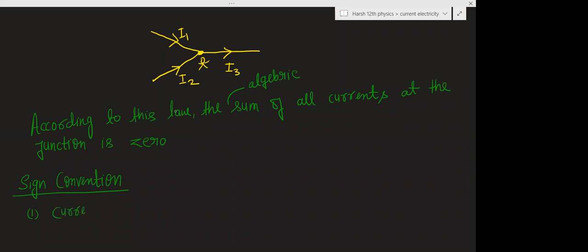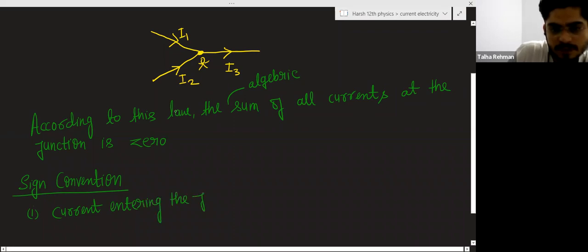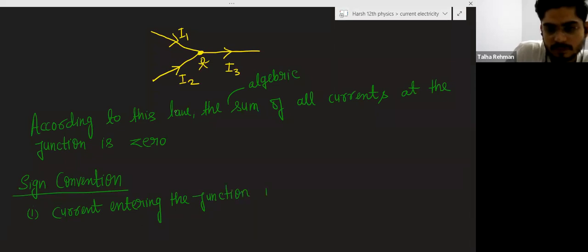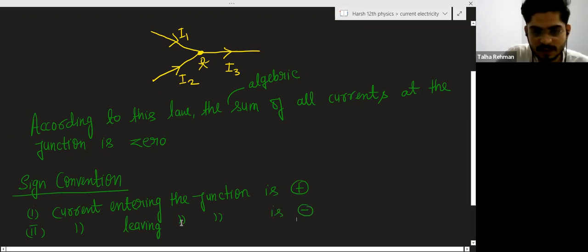Current entering the junction is positive. Current leaving the junction is negative. The meaning of this is the same as this. Here I have written junction, this means junction.